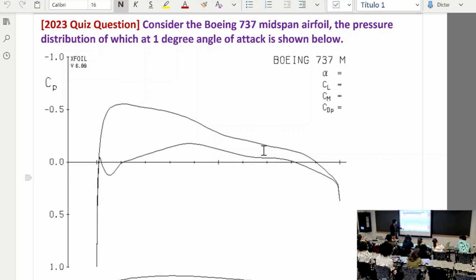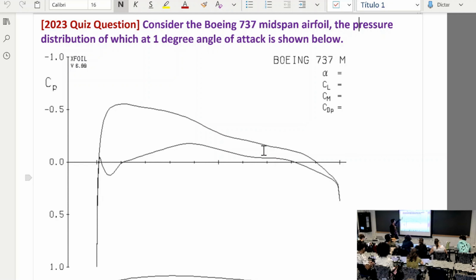So basically, maximum is here, minimum is here. Whenever you see something high, it means low pressure, but it also means high velocity. See Bernoulli's. So anything above is actually high velocity on the surface, which also means low pressure. Anything here means low velocity, which also means high pressure.